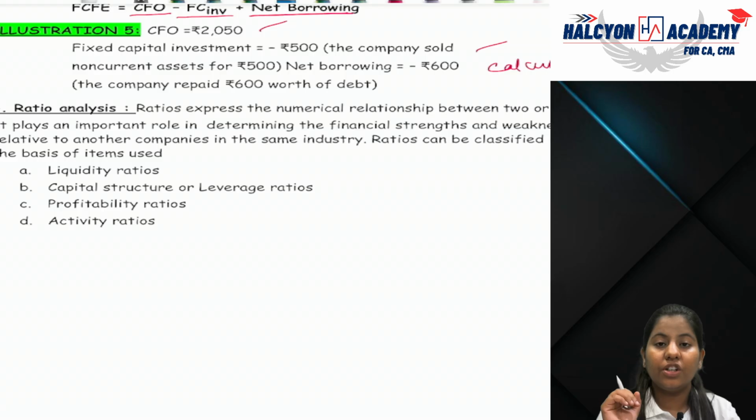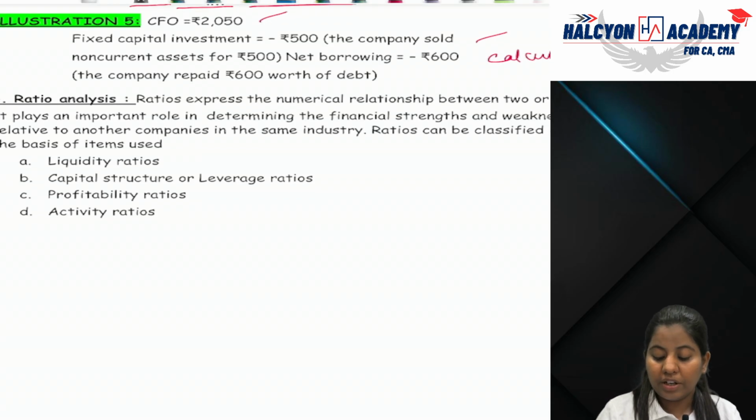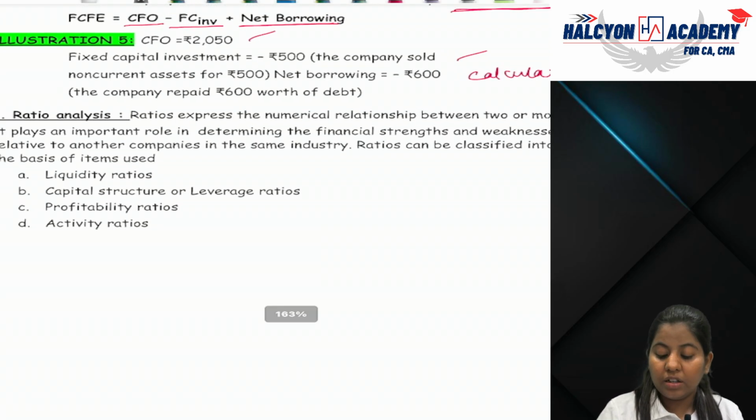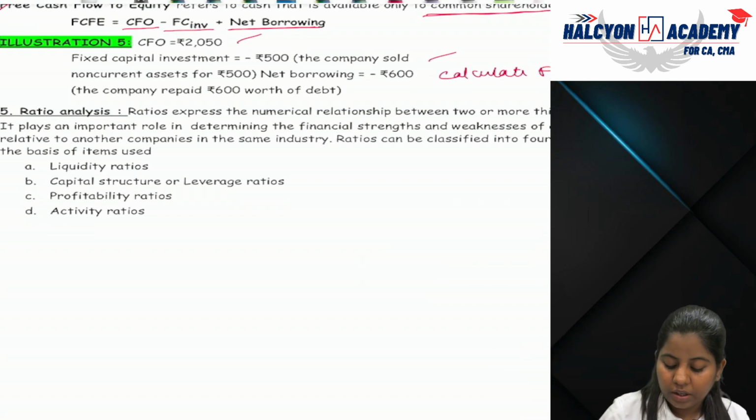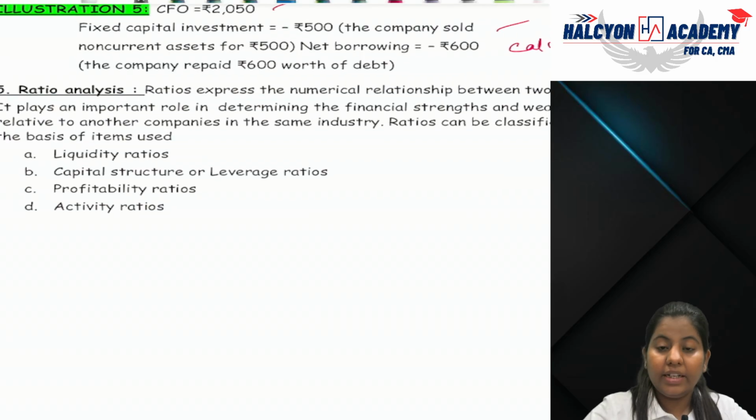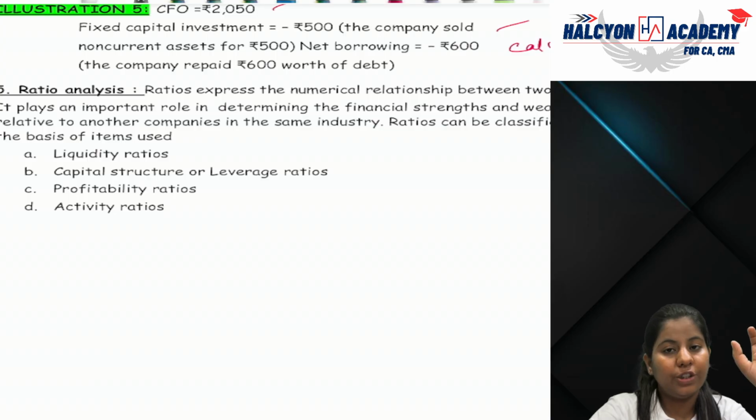Then profitability ratios. Whatever ratio contains anything related to profit, they are profitability ratios.